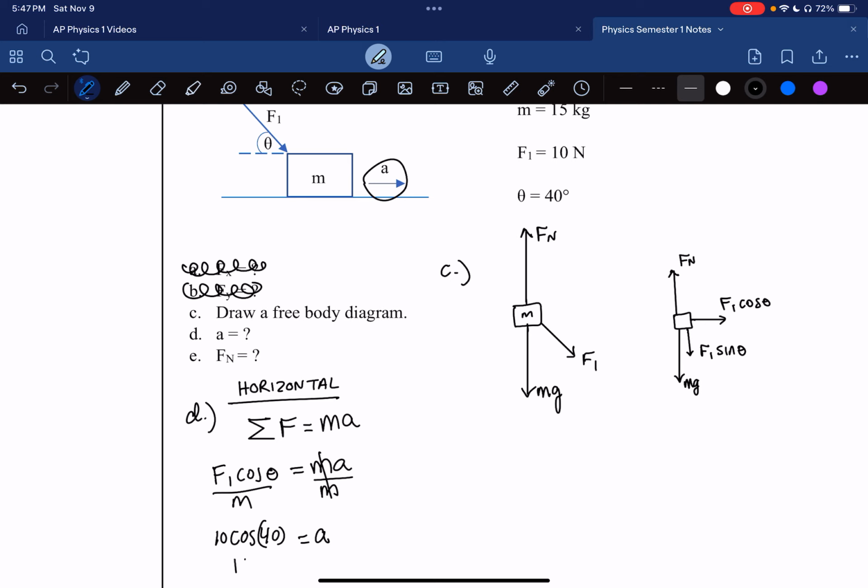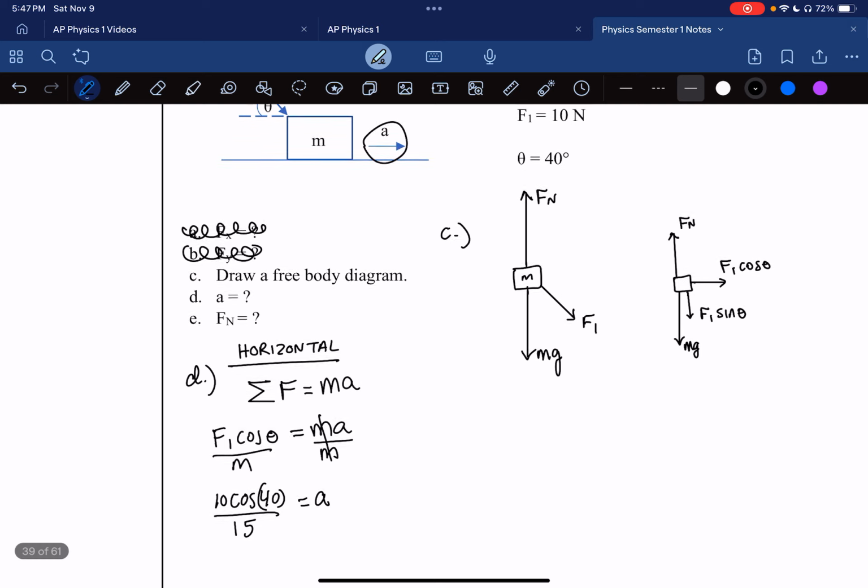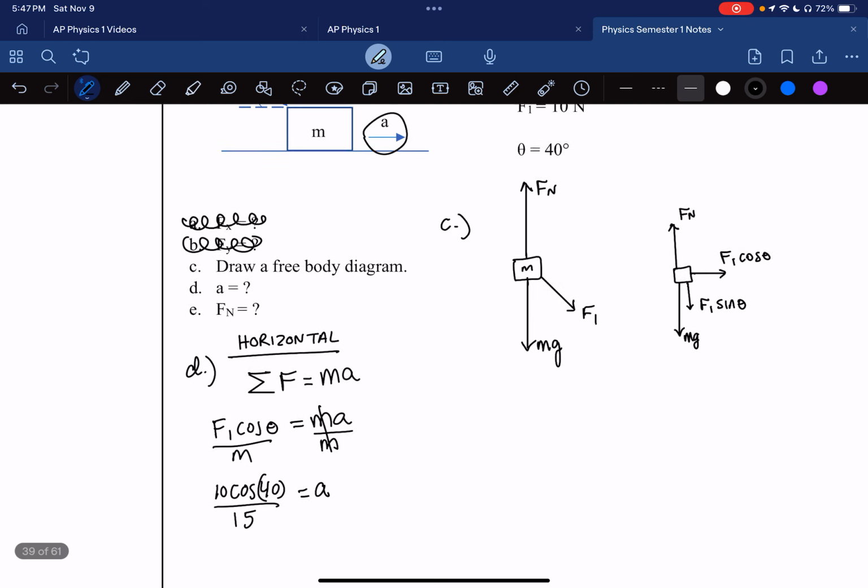The mass is 15. So I'll get my calculator, using my phone, which is not a good calculator to use. 10 cosine 40. Let me make sure I'm not making any mistakes here. I get 0.51 for the acceleration.